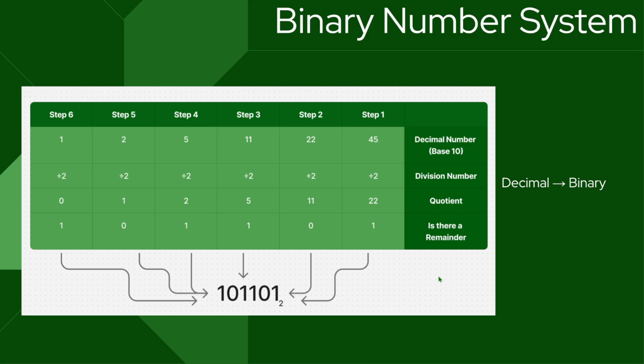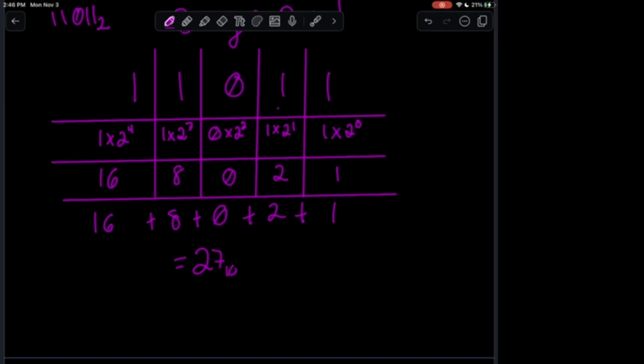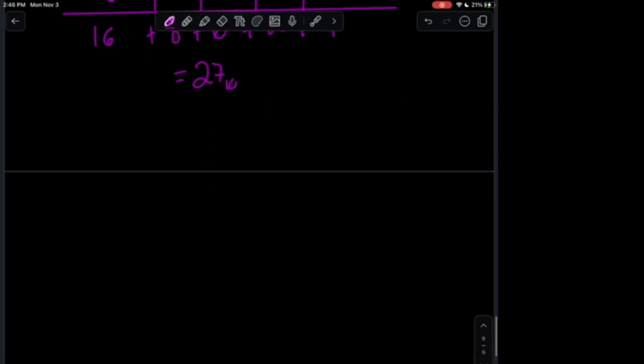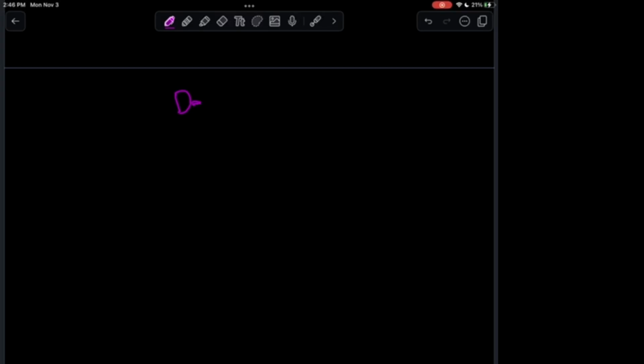So I want to look at another example. Let's do decimal to binary, and let's do 30.